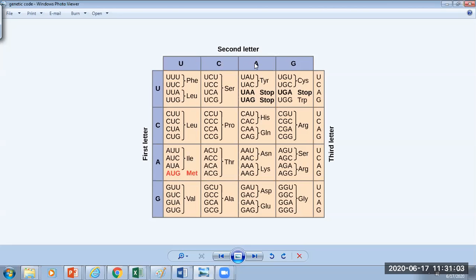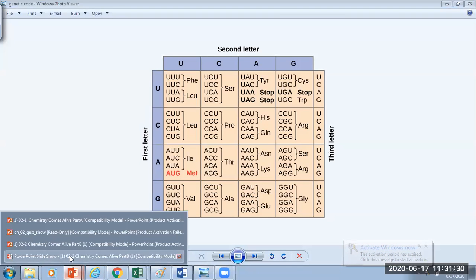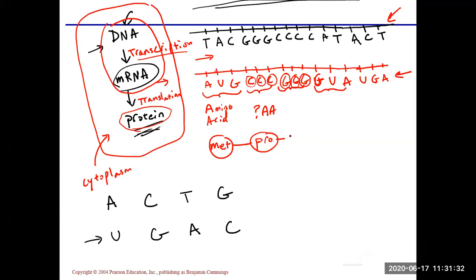Notice U, C, A, G: all of these in this column start with U, all of these in this column start with C. You have to look at the second letter, not the start, but the second letter. Second letter A, second letter G. So far G, G, and the third one is also G. So where all the lines intersect, I get triple G right here. All right, so therefore I know what I have. I have glycine.